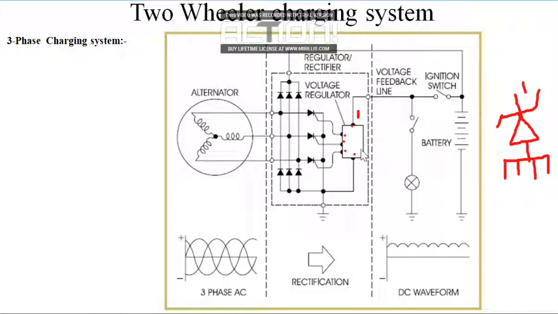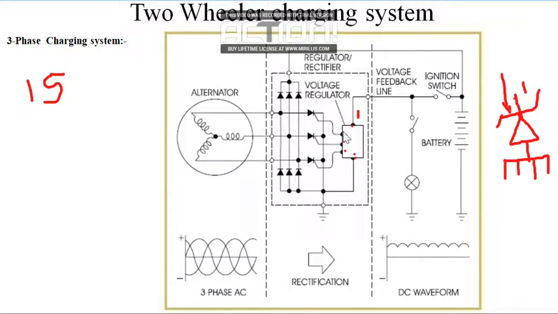So the Zener diode, from end number 1 to end number D, is in parallel with the battery and in parallel with the alternator. The Zener is connected in reverse bias with the alternator and battery both. Whenever the generated voltage is more than the rated, say 15 volts or 14.5 volts or more, the Zener diode conducts in the reverse bias direction.